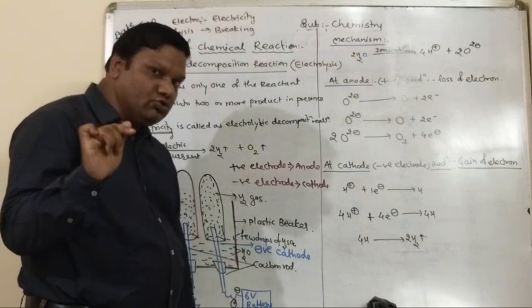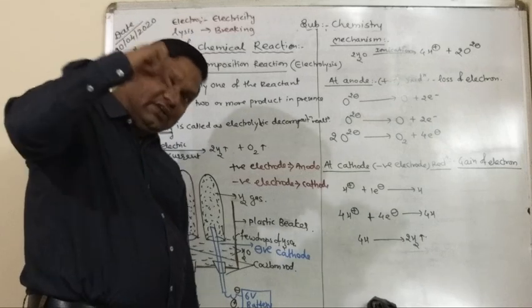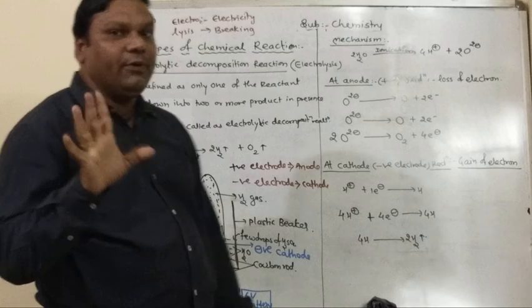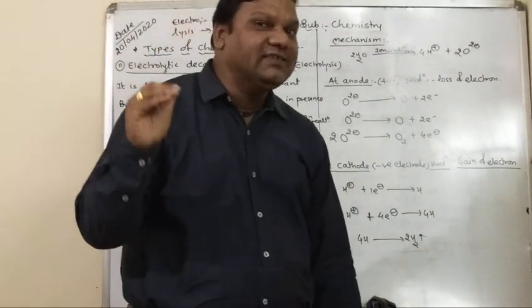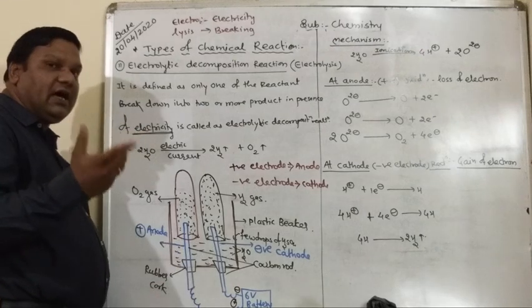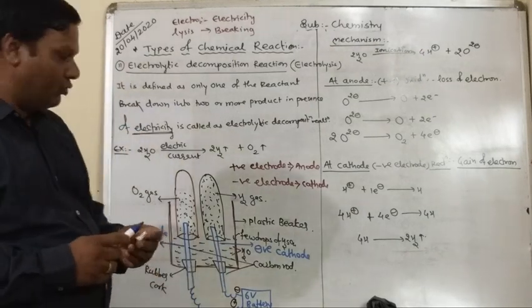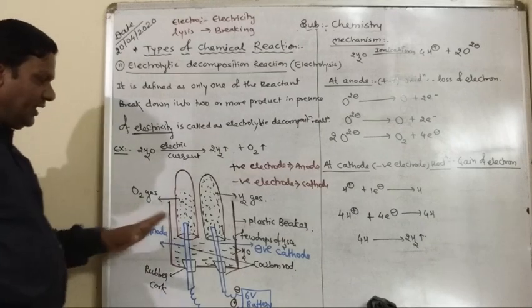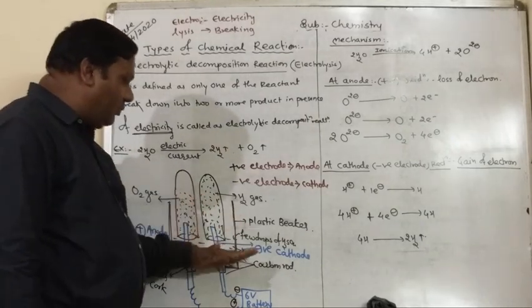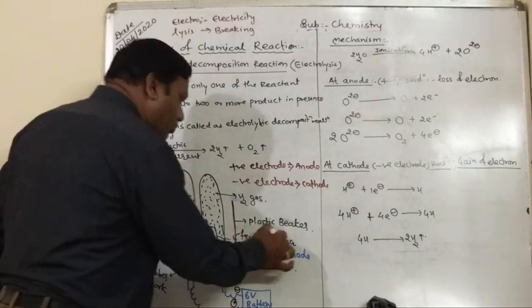Because H2SO4 plays the role of a catalyst. In the previous period we discussed that a catalyst enhances the speed of reaction. So such reactions increase in speed with the help of H2SO4. So you take half the capacity of water and add a few drops of dilute H2SO4.